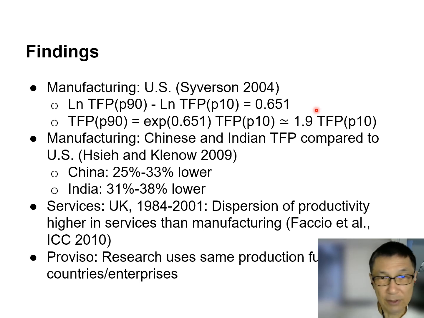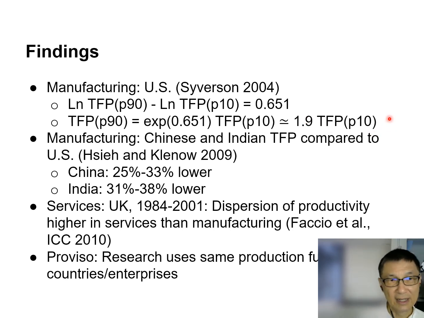If we exponentiate and rearrange, we have the TFP at the 90th percentile is the exponential of 0.651 times the TFP at the 10th percentile. And the exponential of 0.651 is approximately 1.9. This is just a staggering result.